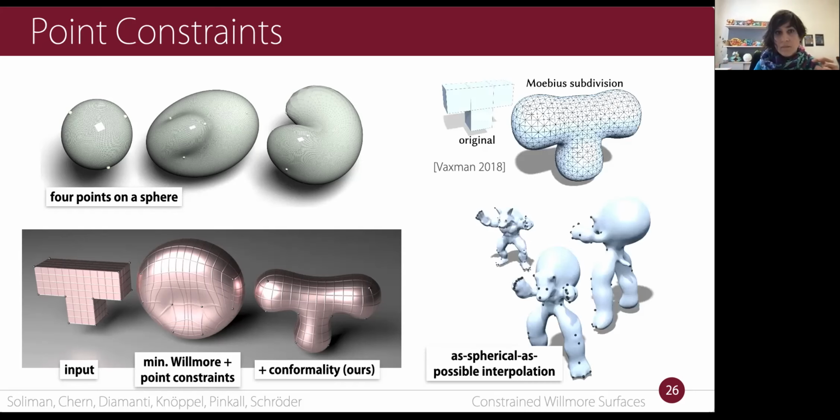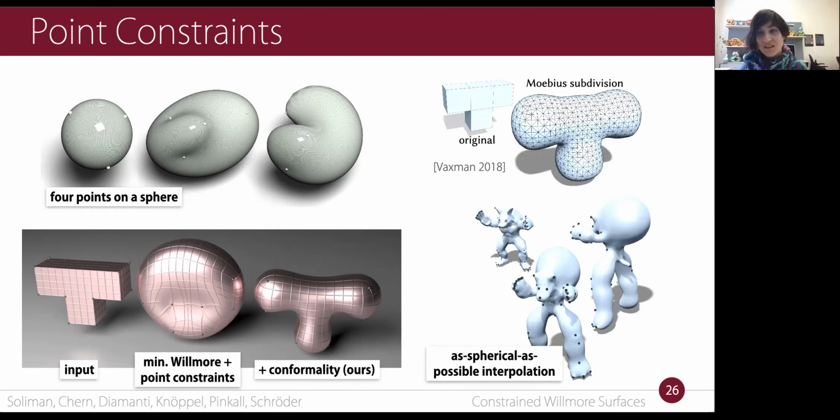In general, if we try to do Willmore minimization with point constraints, constrained Willmore minimization, then what we get is as-spherical-as-possible interpolants of the points. This has been used before because it's desirable for architectural geometry, and I think Amir can back me up on this.